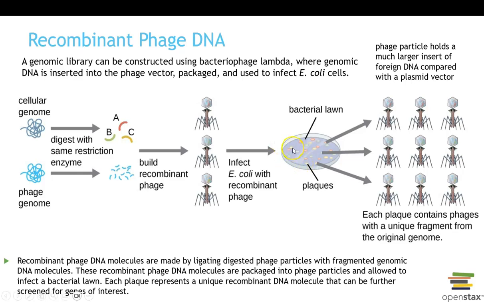So plaques are the areas of the bacterial culture where the phage actually lysed and killed the bacteria, and you can see it as a clear area on the petri dish. Each plaque can represent a unique recombinant DNA, and you can screen it based on the genes of interest, and then you can do further study on the genes that you are looking for.